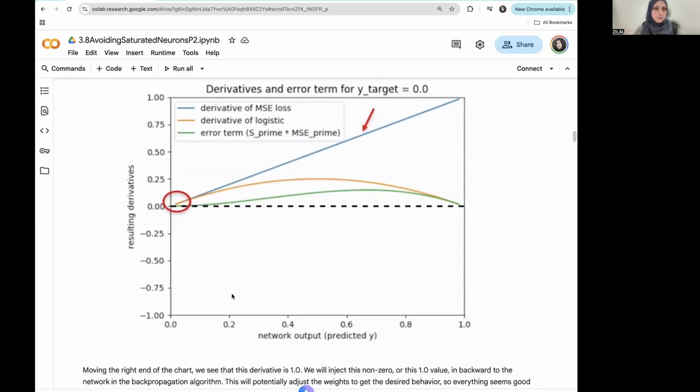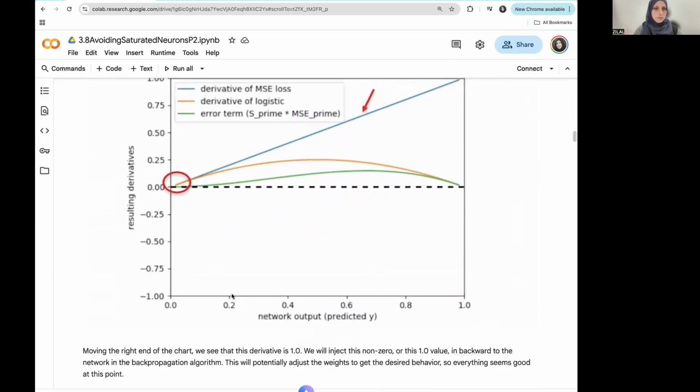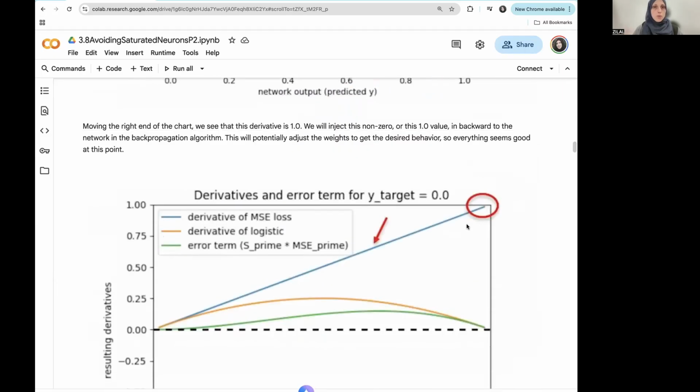Moving to the right end of the chart, we see this derivative is 1.0. We will inject this non-zero 1.0 value backward into the network in the backpropagation algorithm. I have a video where I discussed the backpropagation algorithm in detail. This will potentially adjust the weights to get the desired behavior, so everything seems good at this point.